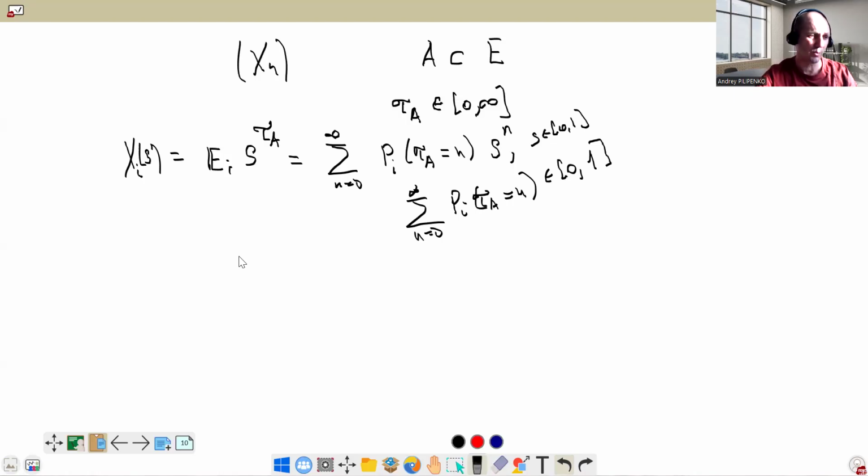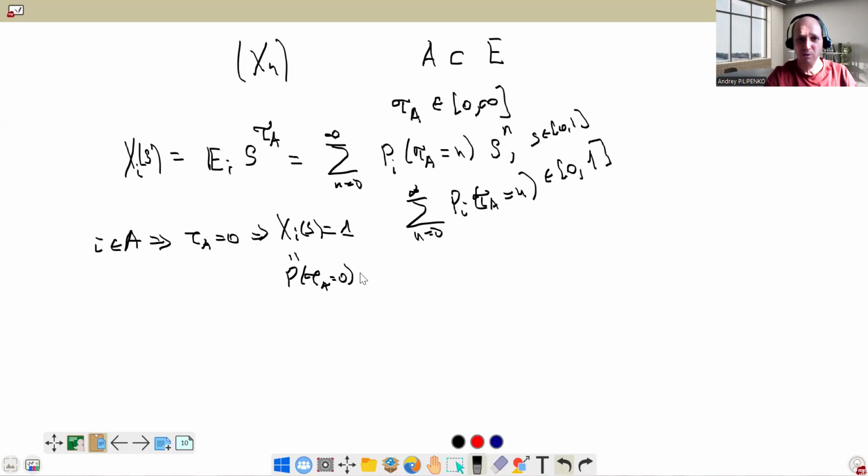Well, we consider two possibilities, i in A and i not in A. So if i is in A, then tau A is 0, so xi of s is just 1. In this sum, only the first term is 1 and all others are 0.